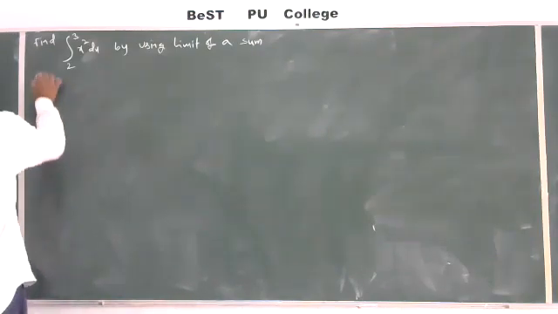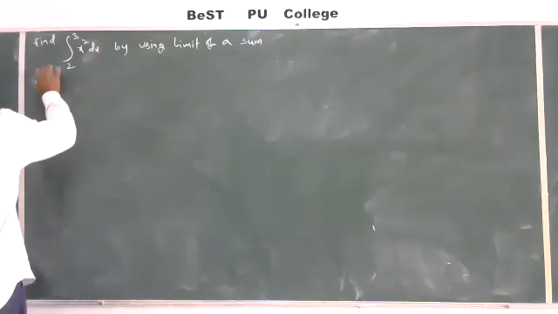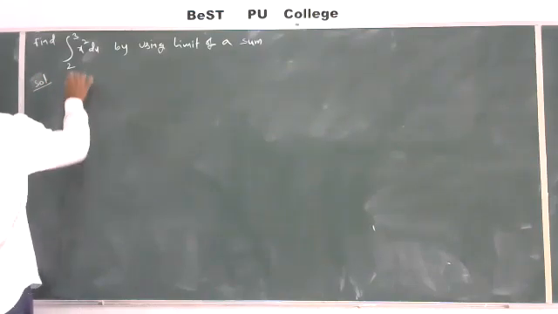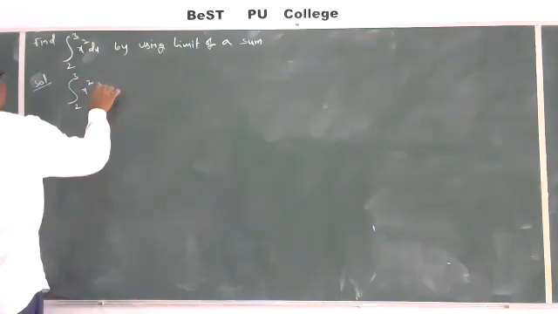What is given? Solution: integral 2 to 3 x square dx.